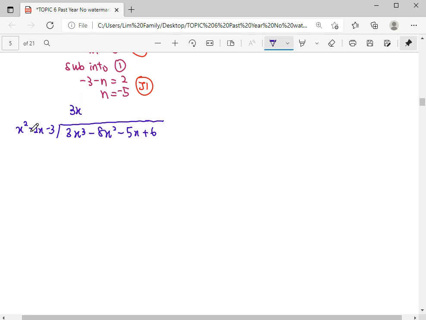Then we multiply back, and I get 3x cubed. So I managed to finish off this term. The rest is just expanding: 3 with negative 2, we get negative 6. x with x, we get x squared. Then 3 with negative 3, we get negative 9.